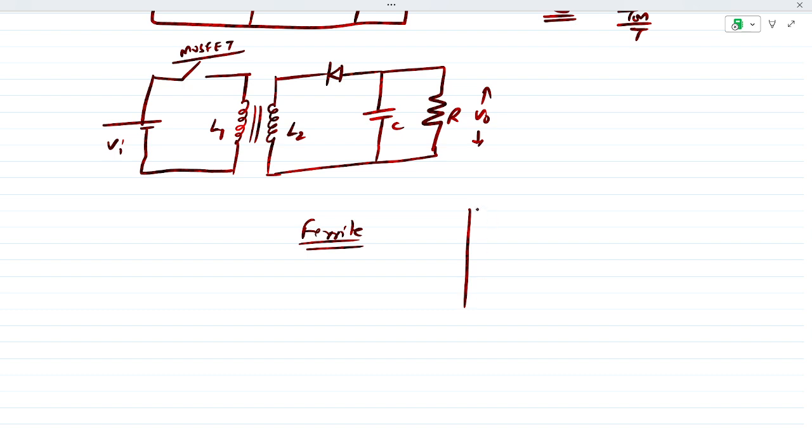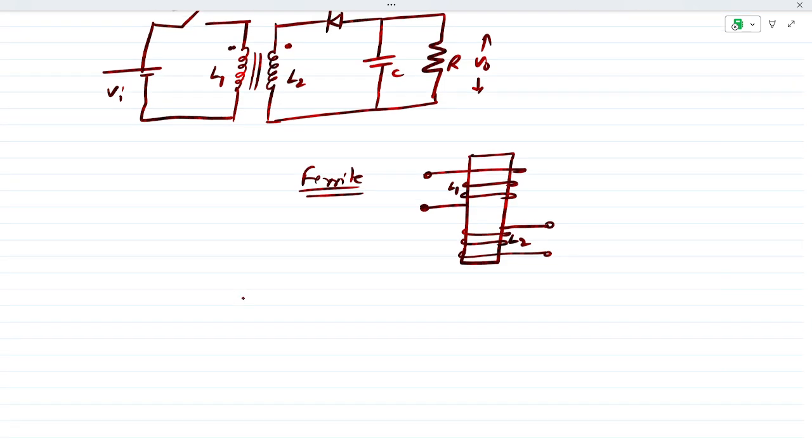But what is the orientation of these two coils? It is like if L1 is wound like this, okay, then L2 will be wound opposite to L1. Yes. So this is the orientation of coil 1 and this is the orientation of coil 2. Now what will happen? In this case, the orientation is same. So the diode is connected like this.